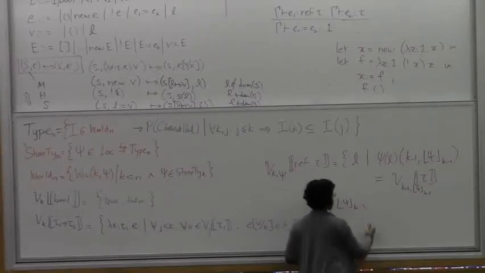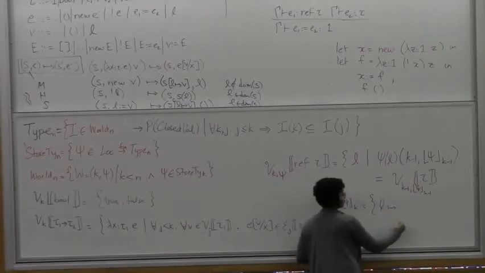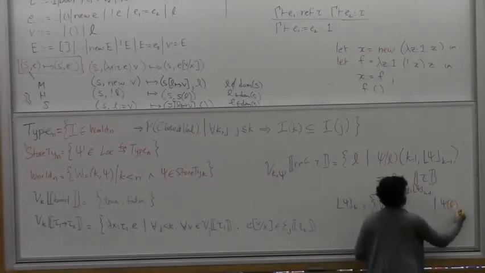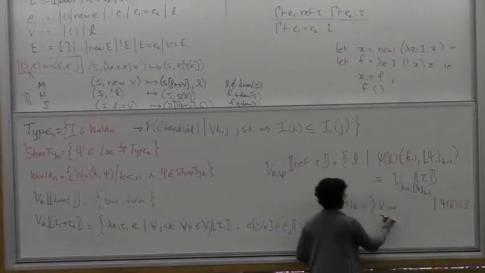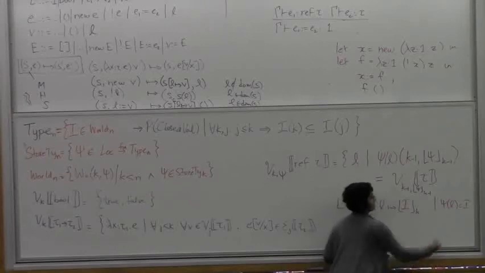Psi approximated to level k is just all the locations that you already had in psi. Psi of L is equal to I. Then you just take the range and approximate that.